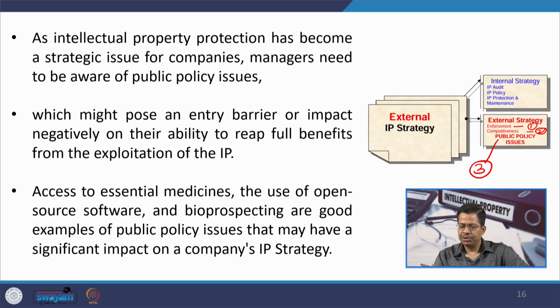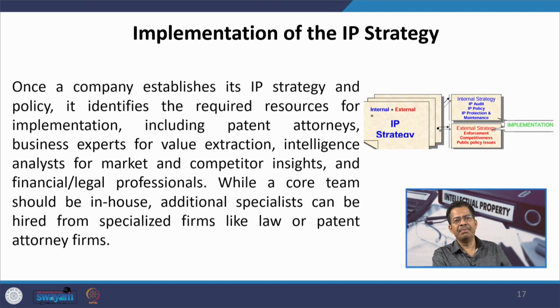You need to have a consistent channel through which the happenings of the external environment can come to your organization, so that the organization can take appropriate action, because you need to have an equal role of internal as well as external. You need to be strengthened internally, and then the leverage of that strength will come from the external environment. So, both these internal and external strategies are very important.